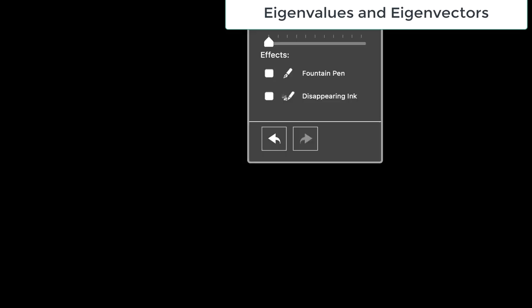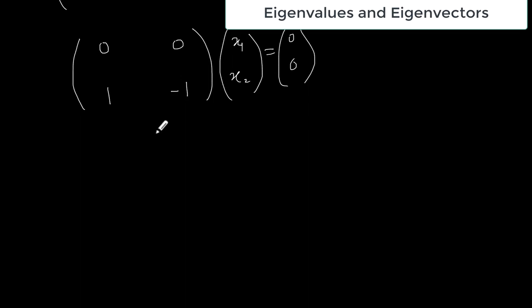So from the equation we have 4 minus lambda, 0, 1, 3 minus lambda, times x1, x2, equal to the 0 vector, so it will be 0, 0. Because we are searching corresponding to lambda equal to 4, if you put lambda equal to 4, you will have 0, 0, 1, minus 1. Now just do the multiplication. You will have x1 minus x2 is equal to 0.